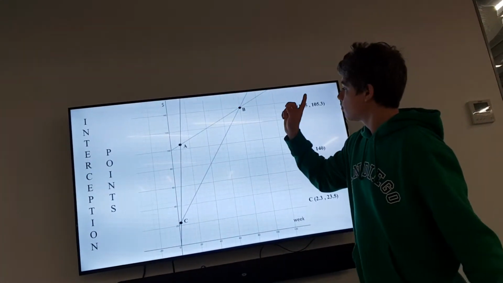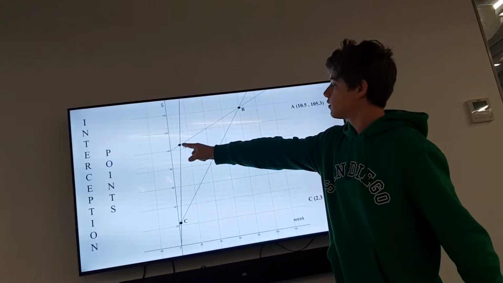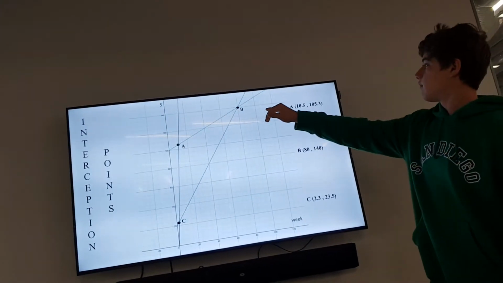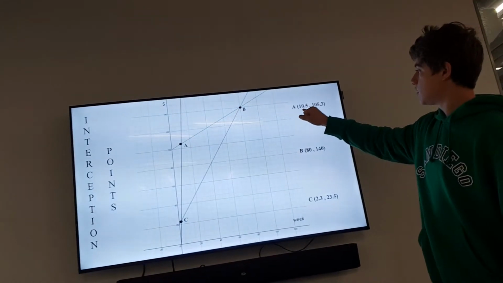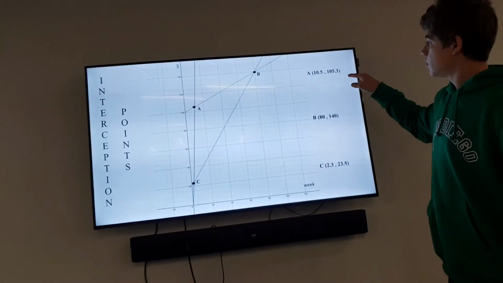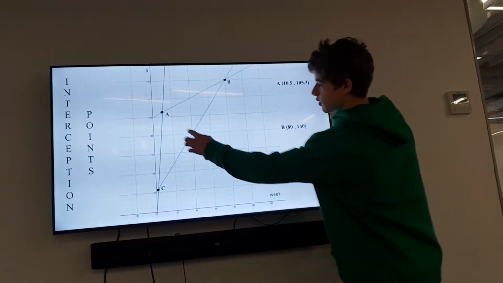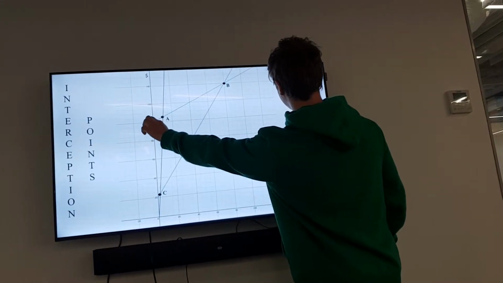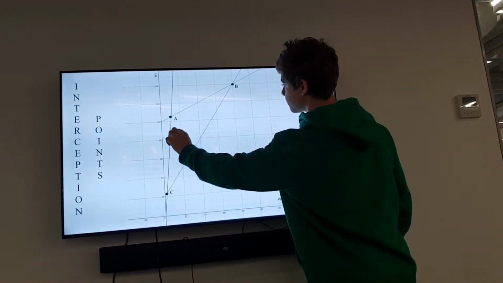For my second point, I'm going to talk about point A, which is represented in the graph by 10.5 weeks and $105.3.